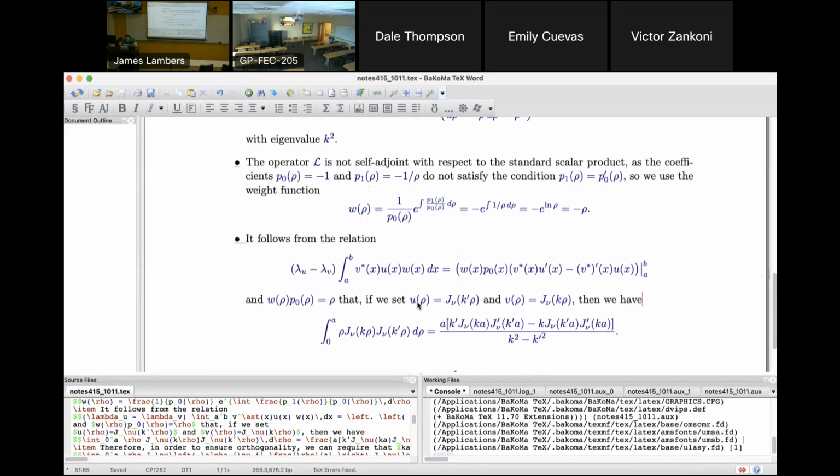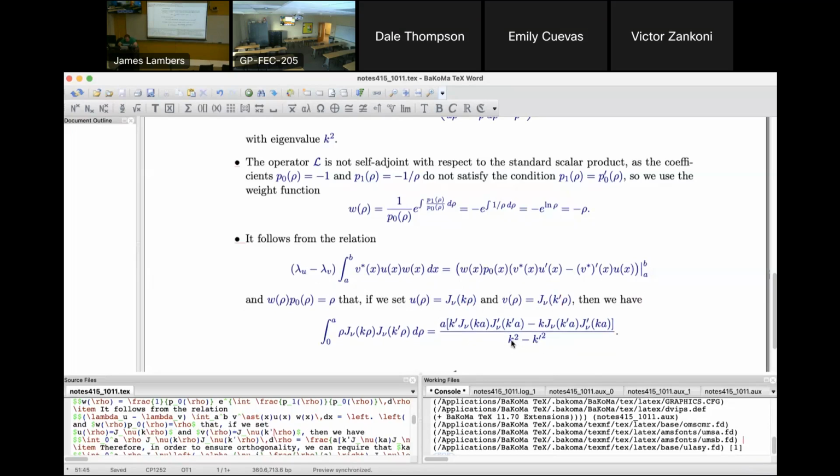The eigenvalue corresponding to, let me go off here, make sure about this. Yeah, I do have these backwards. Because here we have lambda u minus lambda v.